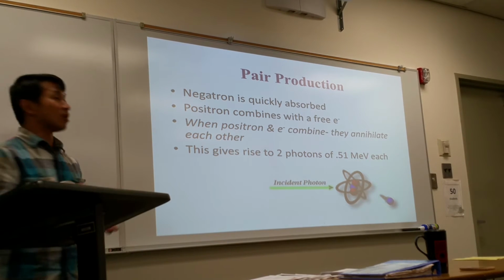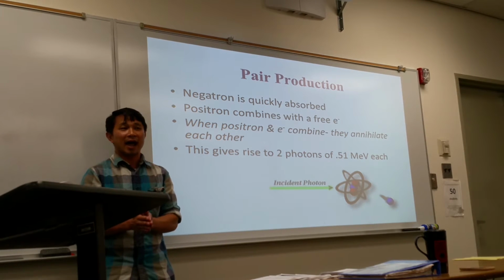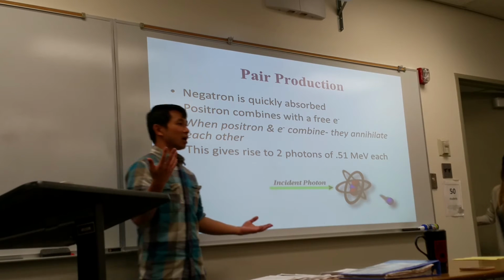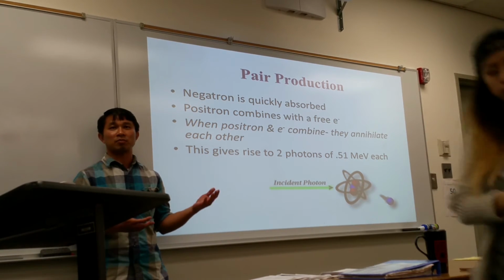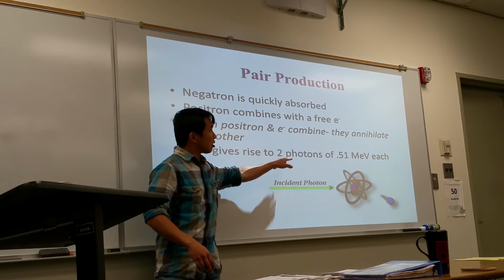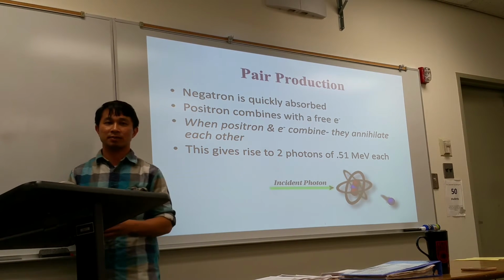During this interaction, both the positron and the electron combine, and then they eliminate each other. As they eliminate each other, it produces two photons, each having half the value of the setting, which is 1.02. So it gives two photons, called annihilation, which is about 0.51 mega electron volt each.